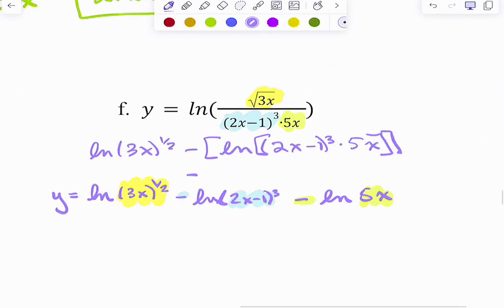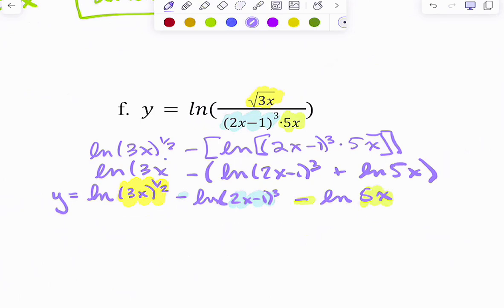So this is minus natural log of 2x minus 1 cubed plus natural log of 5x. And then I distribute the negative. You can do that. If you want to show all these steps, you can do that. I've always remembered that all the things being multiplied in the denominator, they're just all minus natural logs or minus logs when I split them all up in my addition and subtraction rules. Again, do we need to spend some time on logs? Maybe.